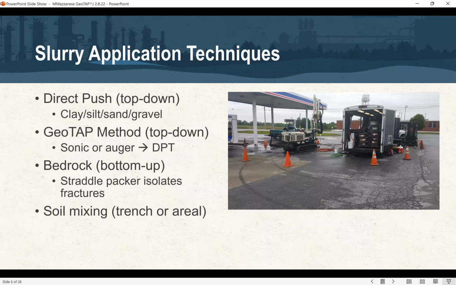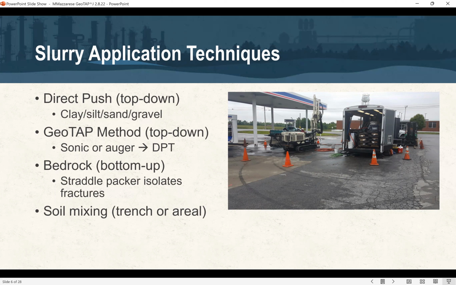All right. So here's a comprehensive overview of how we get slurries into the ground. There's your traditional direct push, where we inject in a top-down manner. We feel that's best practice, always pushing down into native material. When we get into the GeoTAP method, we use top down there as well.